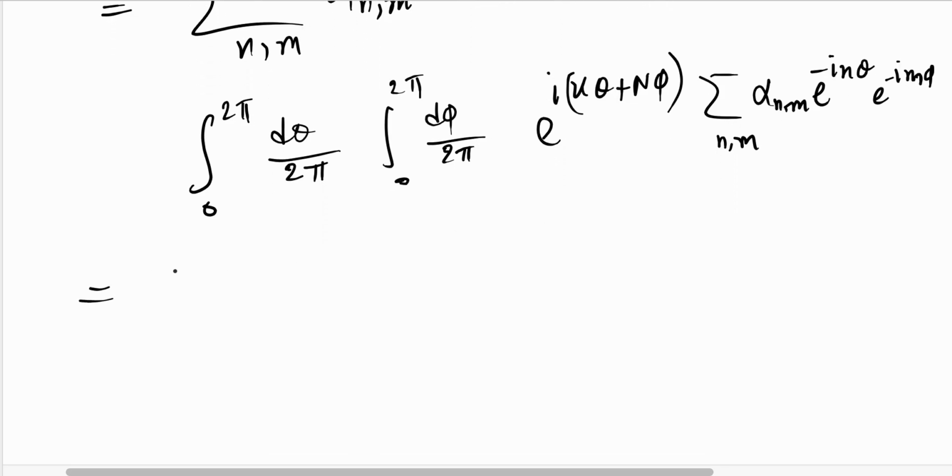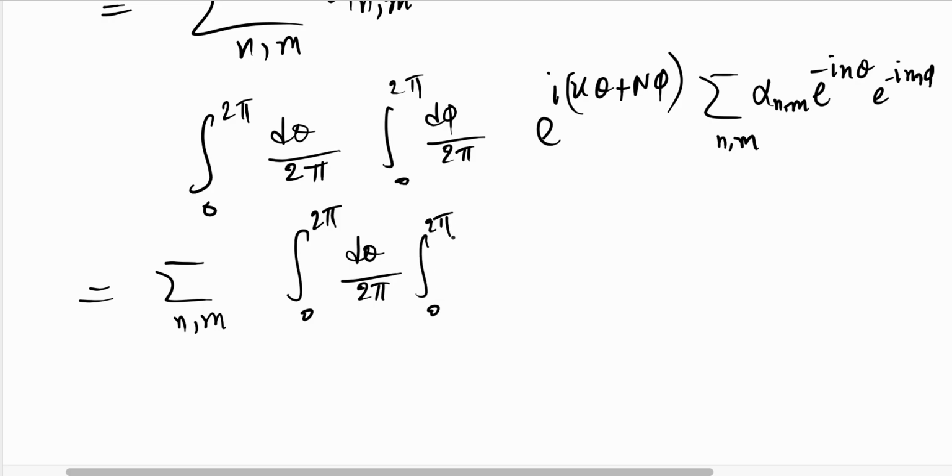Now the summation over n comma m has nothing to do with theta and phi, so I can always take this summation outside these integrations, 0 to 2 pi d theta by 2 pi, 0 to 2 pi d phi by 2 pi.